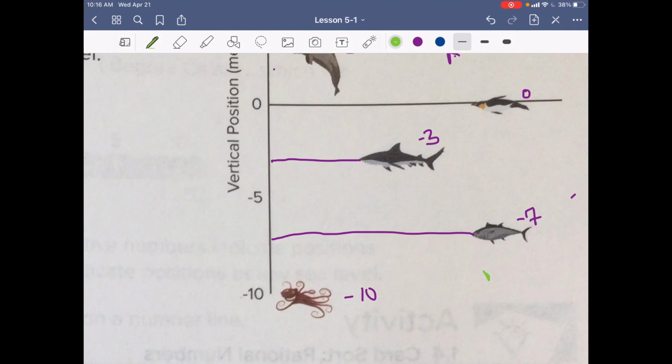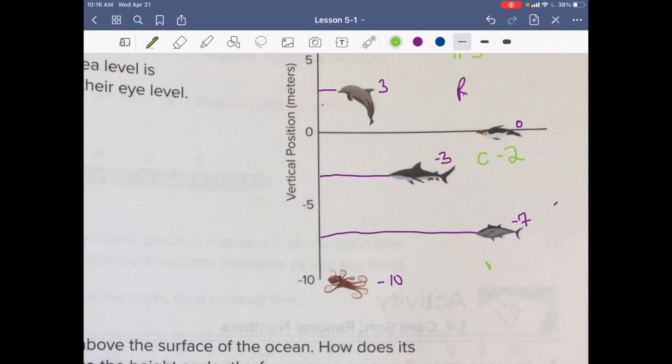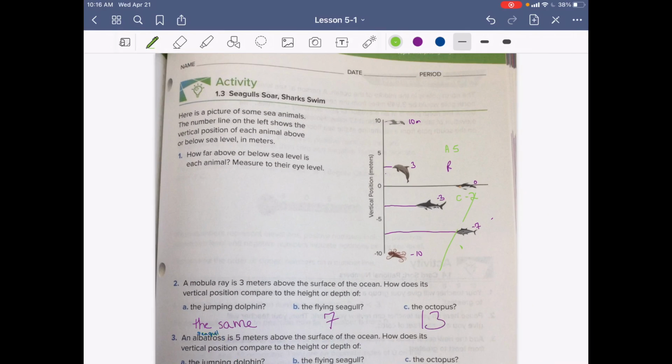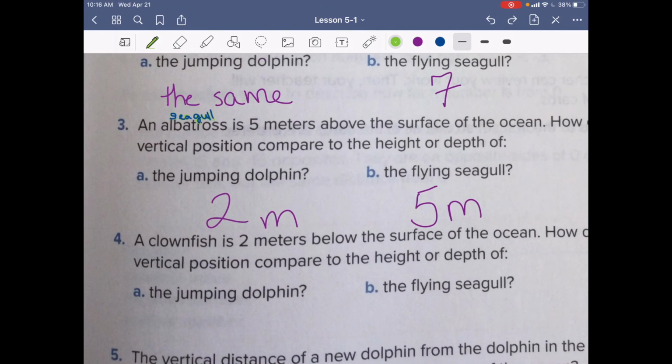So here's our clownfish, and this is -2 because it's 2 meters below. And we're starting with our dolphin. So depth-wise, we have 3 here and 2 down here. So we would do 3 plus 2, which would give us 5. So let's go down 5 meters.